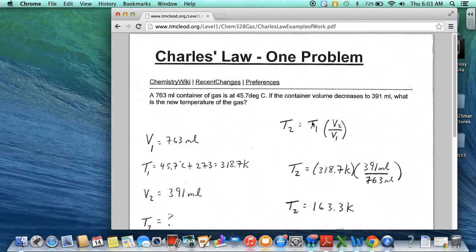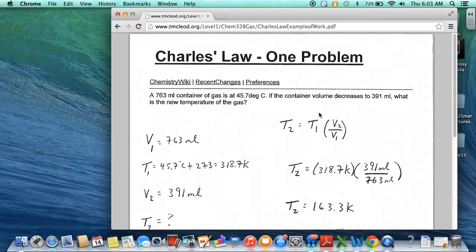It's actually going to be the ratio of the change in volumes, because that's what's changing in this question. So how the volume change numerically changes will give you an indication of how much more or less T2 is compared to T1. So that's why I like to set it up this way.